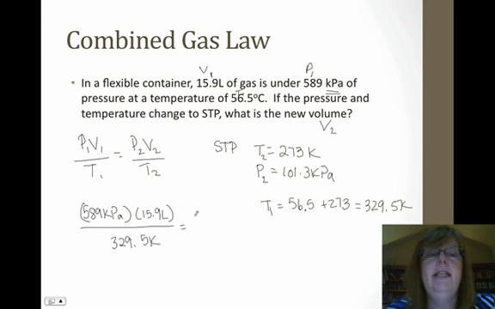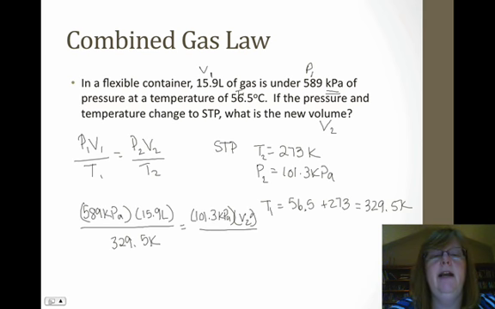Now, that is equal to P2, which is STP, standard pressure, it's 101.3 kilopascals, times our V2, which is what we're solving for, and divided by our temperature, which is 273 Kelvin.